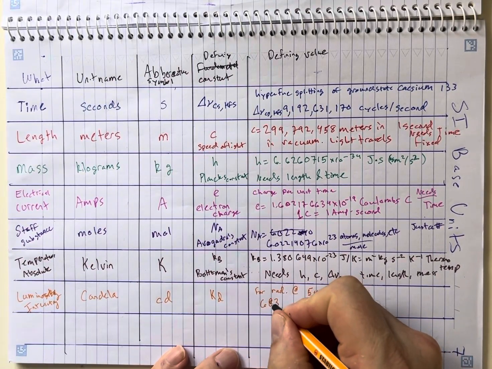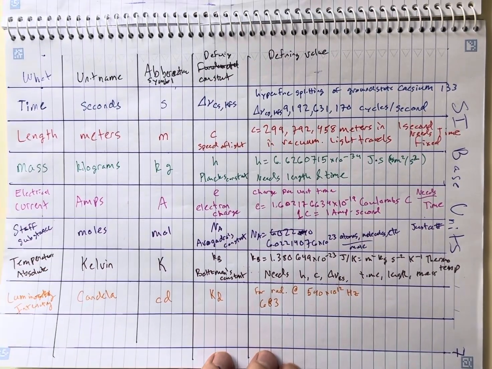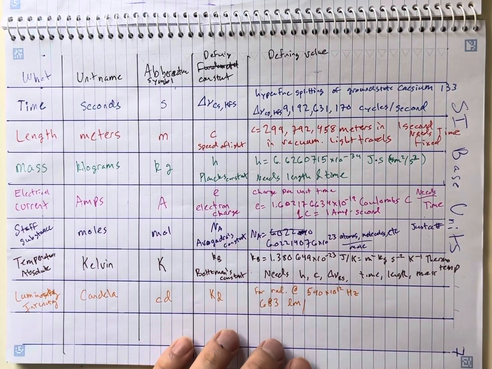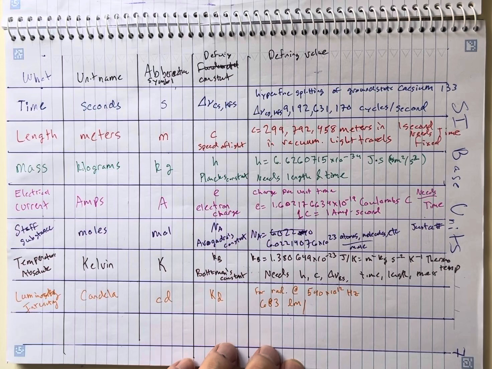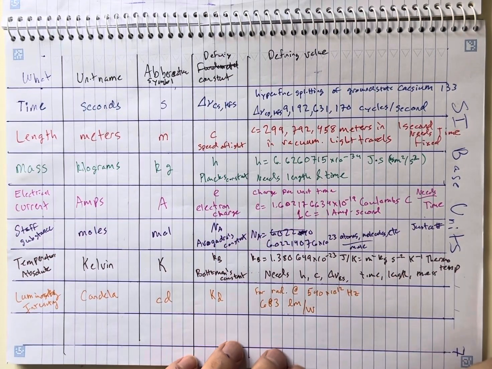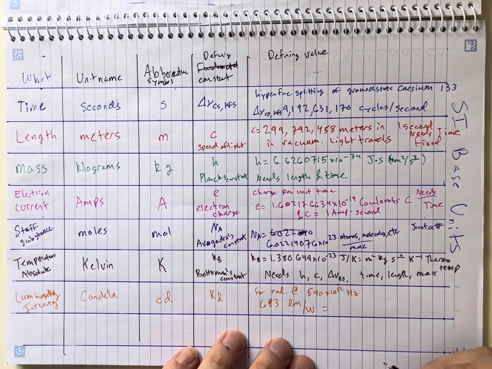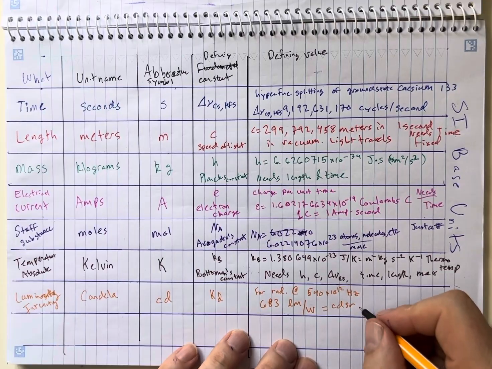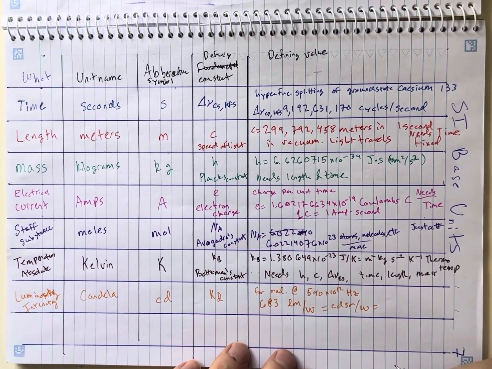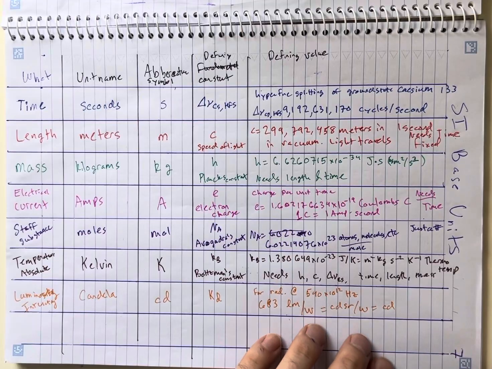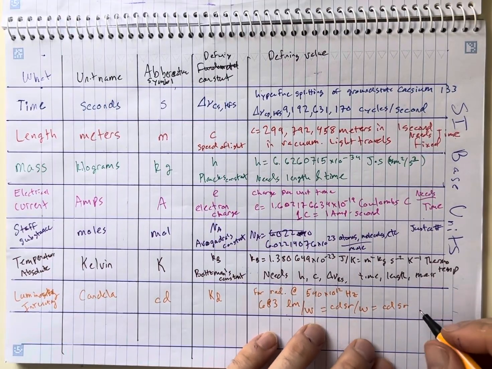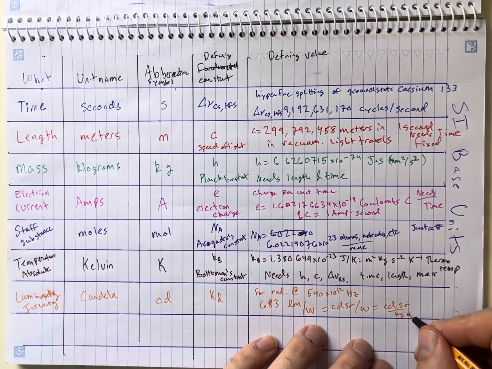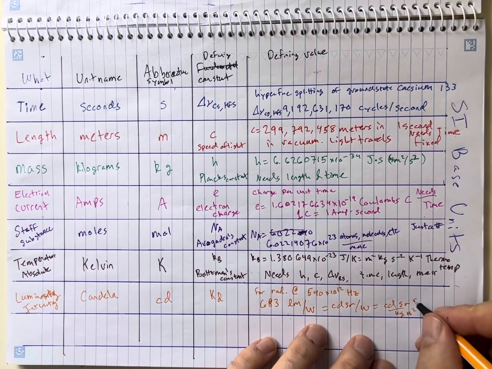It's 683 lm per watt, which is equal to candela steradian per watt, which is equal to candela steradian per kilogram meters squared seconds to the third.